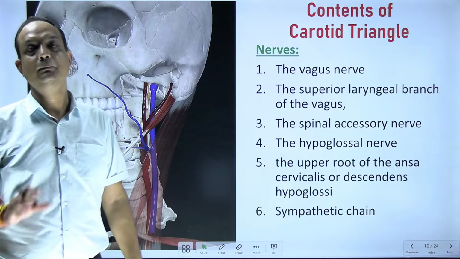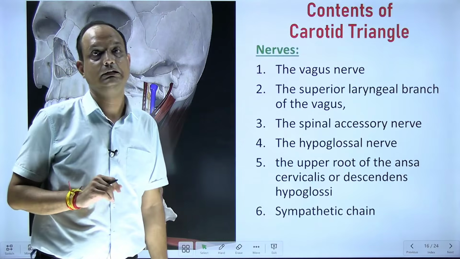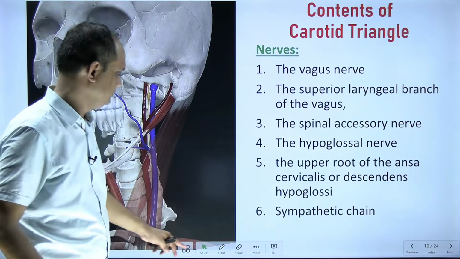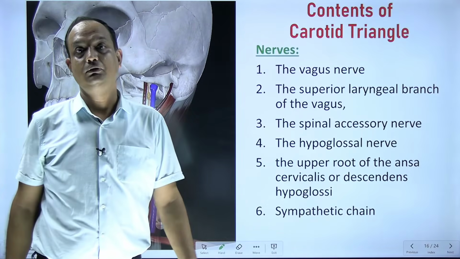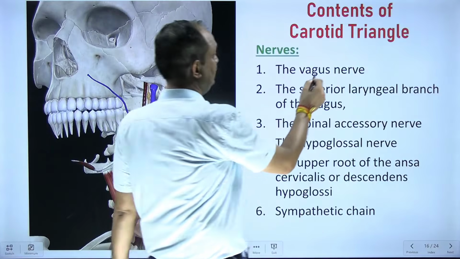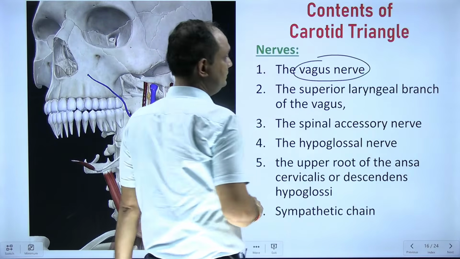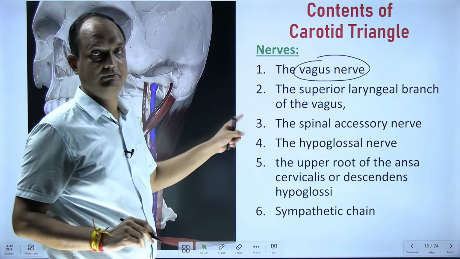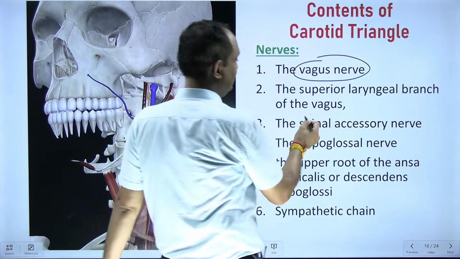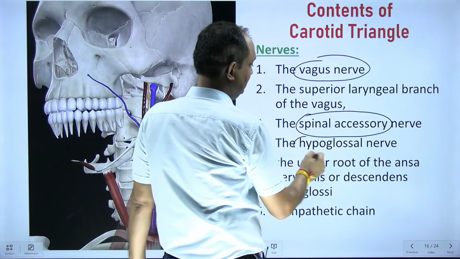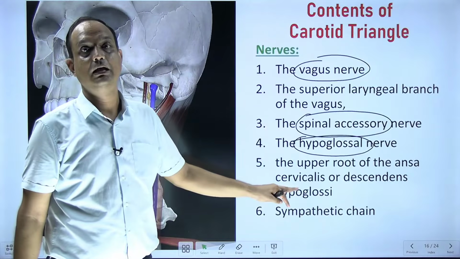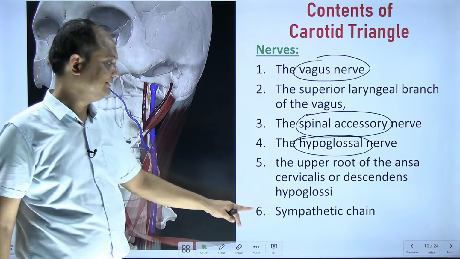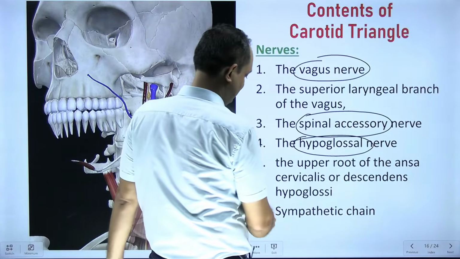Now there are a few important cranial nerves also seen in the carotid triangle. This is again a question of your exam: which of the following nerves are visible in the carotid triangle? First of all is the vagus nerve, then the superior laryngeal branch of the vagus nerve, then the spinal accessory nerve, then the hypoglossal nerve, and the upper root of the hypoglossal which is going to form the Ansa cervicalis, and lastly the sympathetic chain.